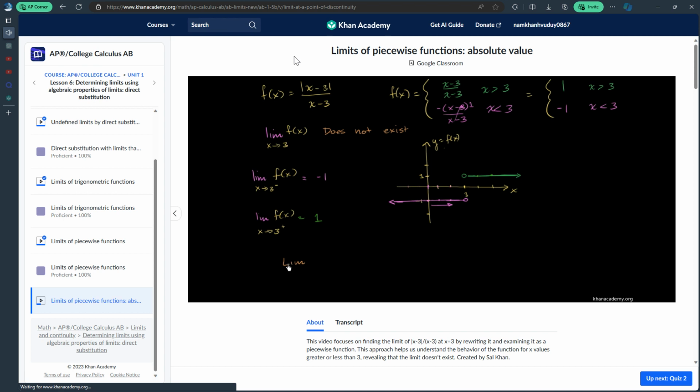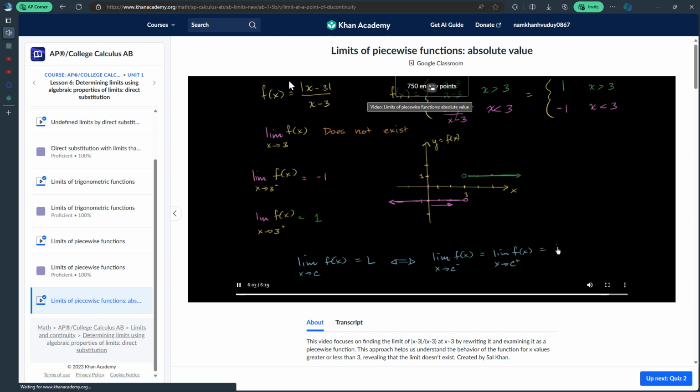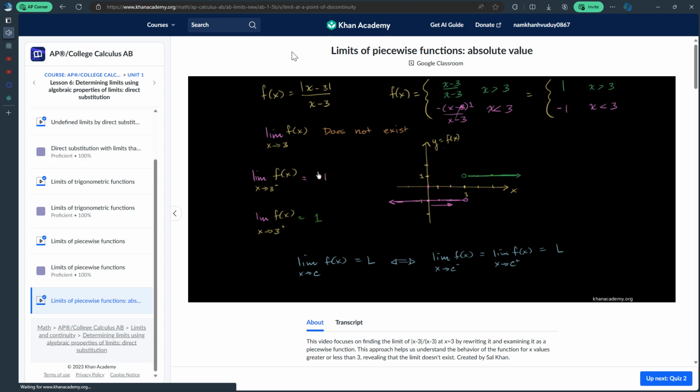Or another way of saying it, the limit of a function f of x as x approaches some value c is equal to L if and only if the limit of f of x as x approaches c from the negative direction is equal to the limit of f of x as x approaches c from the positive direction, which is equal to L. This did not happen here.